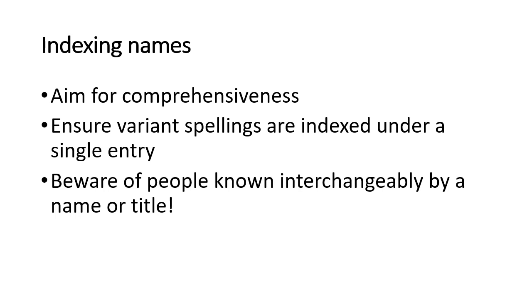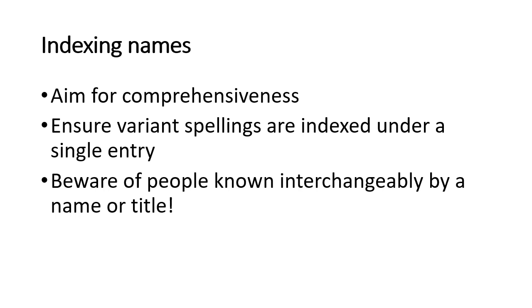And that's just one example of why a text search in an ebook just simply isn't good enough compared with an index, because one of the things the indexer does, particularly in a history book, is to go through that entire book and ensure that a single name, a single person, a single place is indexed in one place, even when there's a lot of variant spellings involved, which obviously is something a computer is not able to do. And I would also caution you to beware of people who are known interchangeably by a name or a title.